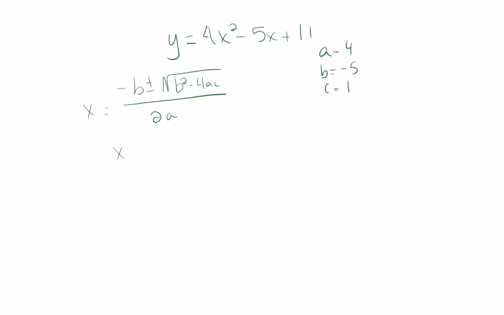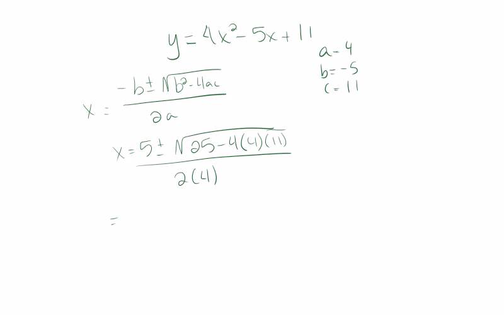Okay, so here we go. Opposite B. So what's opposite of negative 5? 5. Plus or minus the square root of B squared, 25, minus 4 times A times C, all over 2A. Okay, so I'm still solving.